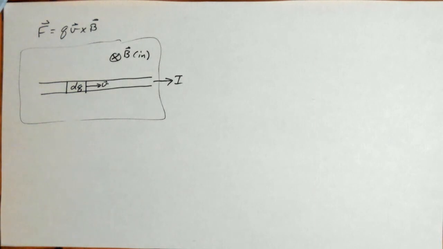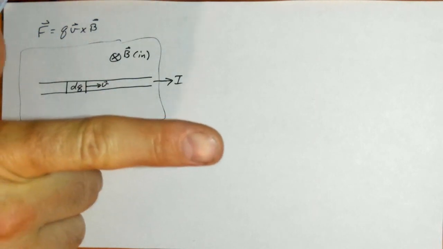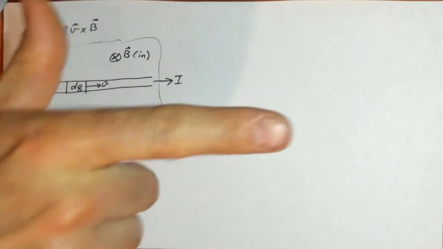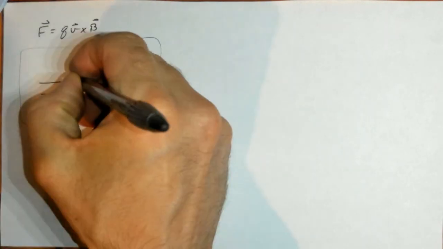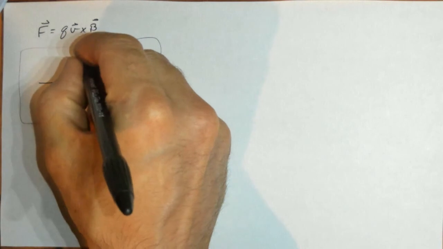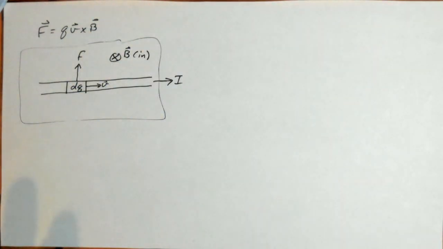So if I do my right-hand rule, I get v cross B, B is down, makes my thumb point up the page. So there's a force acting on it. Now I need to be careful because that's the force acting on just that bit of charge, and that bit of charge is stuck inside the wire, which means if that bit of charge gets pulled up, the wire is going to get pulled up.